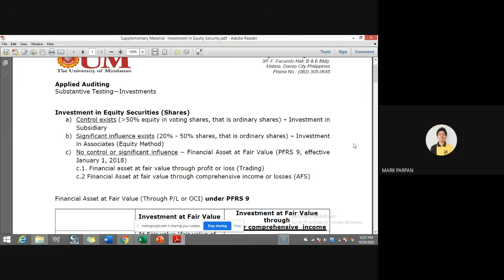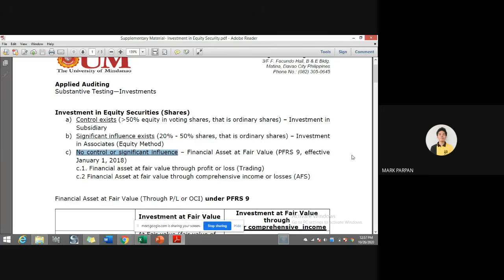If you've noticed, what we consider when there is control or significant influence is just the voting shares, or the ordinary shares. So does it mean, sir, that even with 100% ownership of preference shares, we have no control and no significant influence? Yes, because preference shares fall under no control nor significant influence.